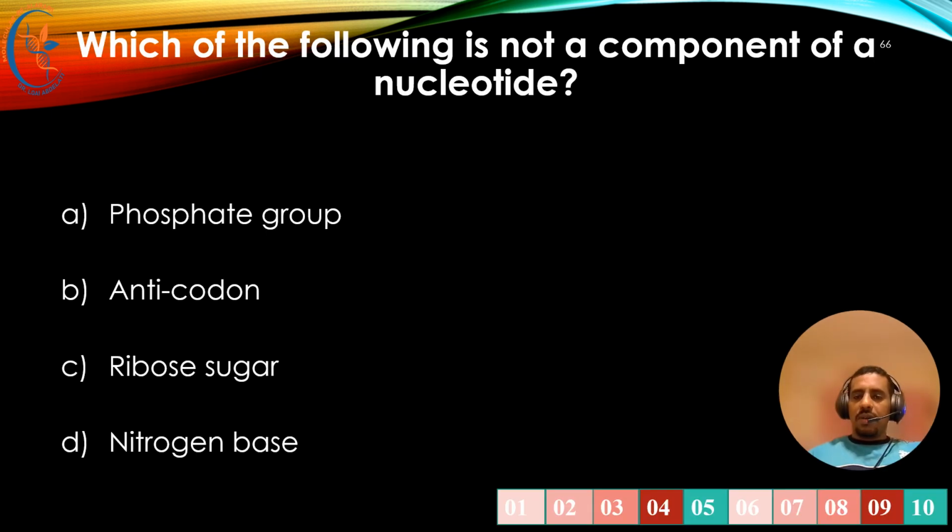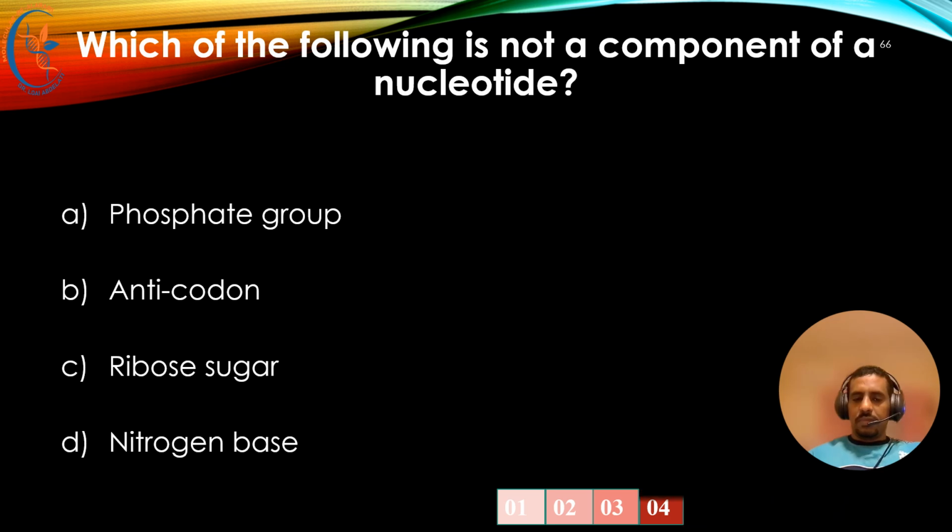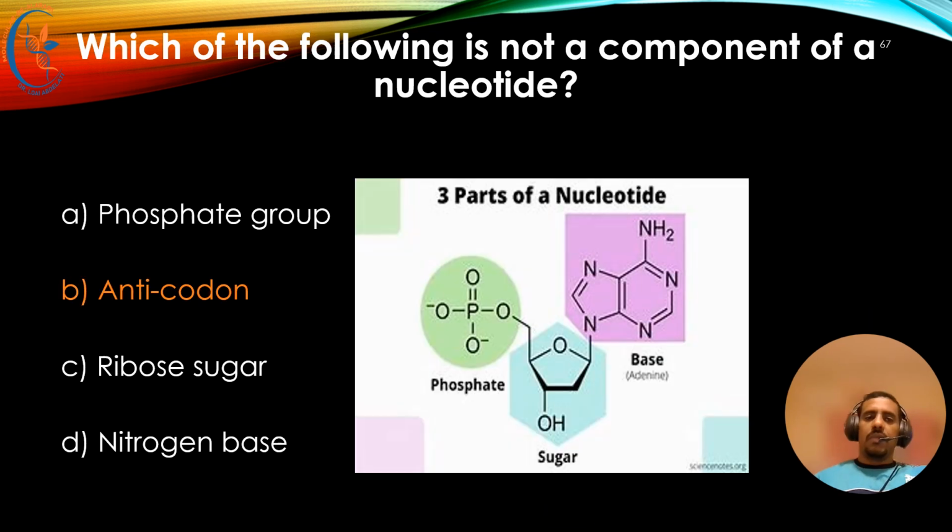Which of the following is not a component of a nucleotide? As we know, a nucleotide is composed of three main components. A nitrogenous base, which can be adenine, thymine, cytosine, or guanine in DNA, or adenine, uracil, cytosine, or guanine in RNA, plus a pentose sugar.